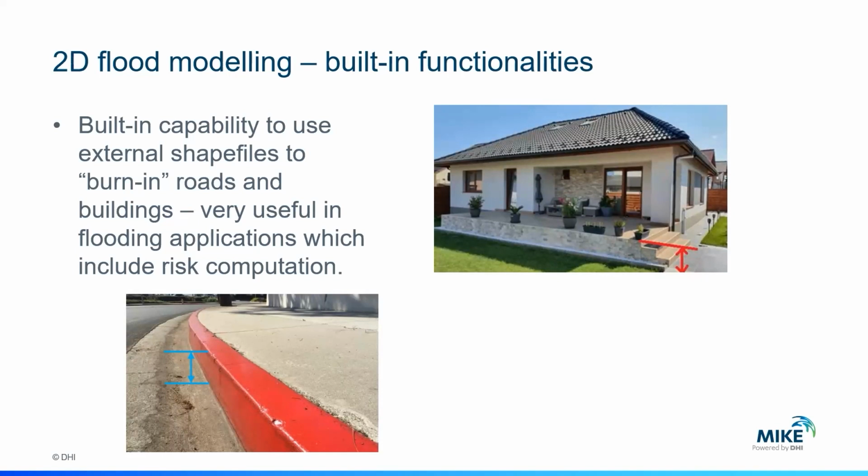These kinds of functionalities are very useful for flooding studies, especially for small-scale urban studies, because they help simulate the flood event much closer to the real behavior, and also they lead to a more realistic assessment for both the flood hazard assessment, but also for the flood risk computation. The flood risk component also is an important one because, for example, if using damage curves which start from the finished floor level, then it would be important that the modeling activity also reflects that.